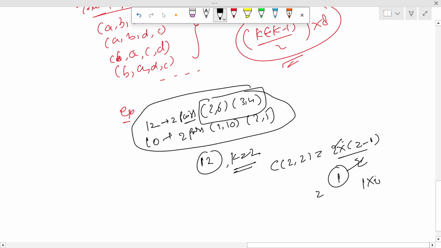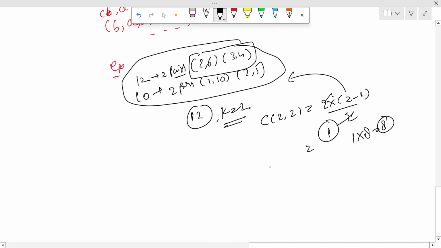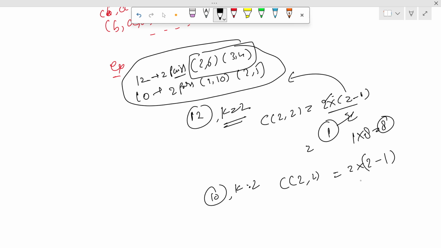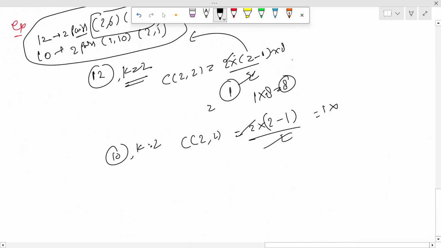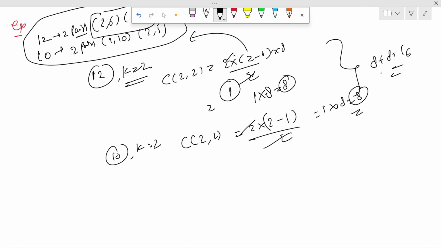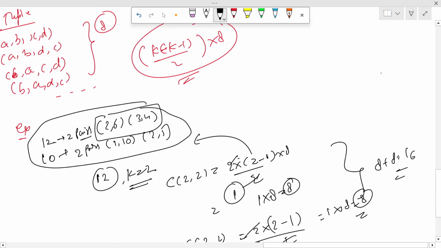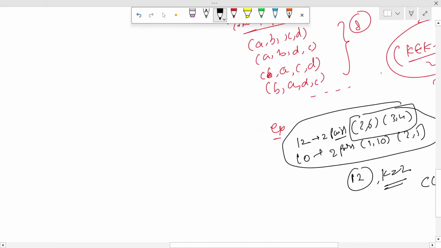This 1 into 8 is equal to 8 valid tuples we have to get here, and the same thing for 10, where k is equal to 2, and now this becomes C(2, 2) equals 2 into (2 minus 1) by 2, and this is 1 into 8, which is equal to 8. Now the total is 8 plus 8 is equal to 16. So I hope you understand how actually we have to perform this formula and this approach.